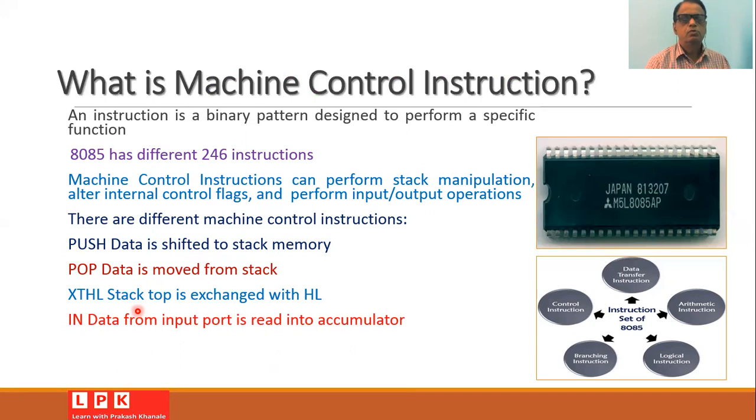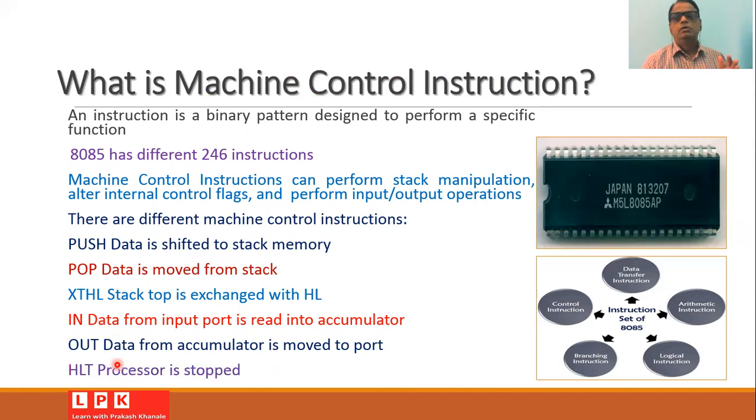To read data from the input port into the accumulator, we use the instruction IN data. Whenever we move data from the accumulator to the output port, we use the instruction OUT data. And whenever we want to stop the processing of our assembly language program, we can use the instruction HLT, where the microprocessor 8085 will be stopped.